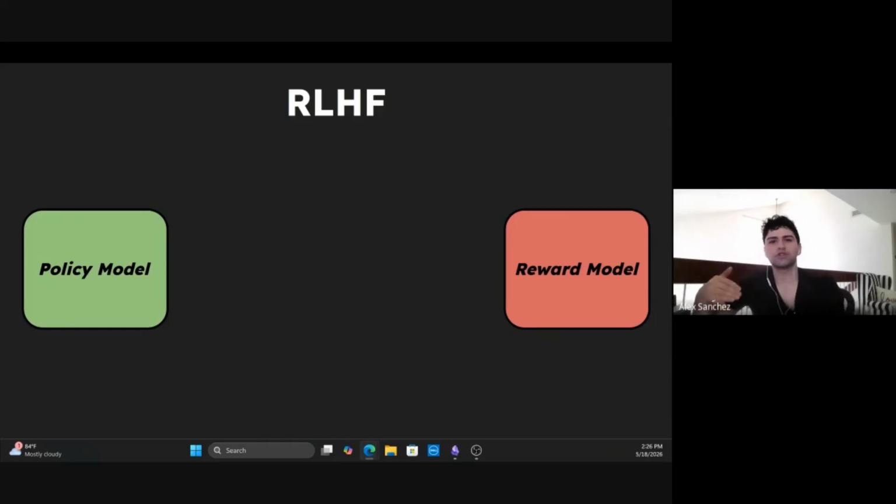That serves as a much more efficient way of explaining to our LLM what a response is supposed to be like, instead of giving it the perfect response for this question, which is what supervised fine-tuning does.